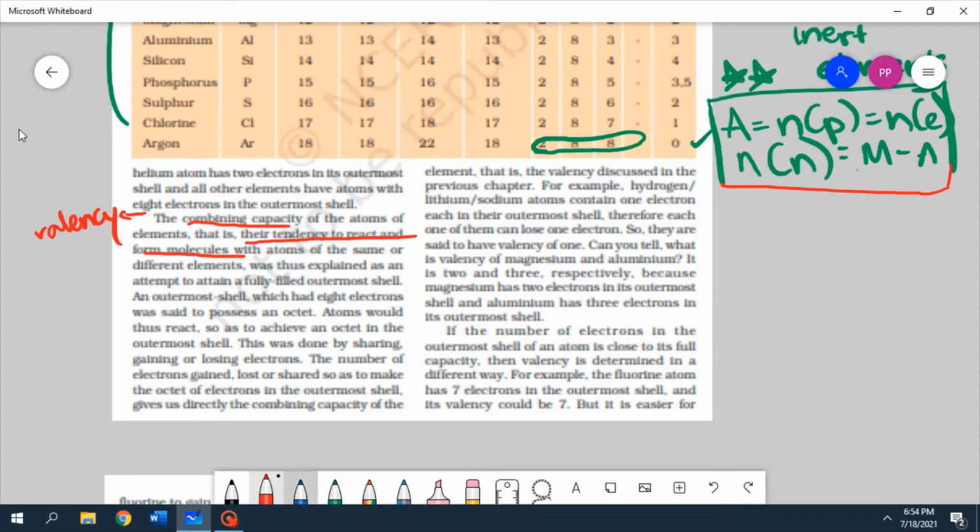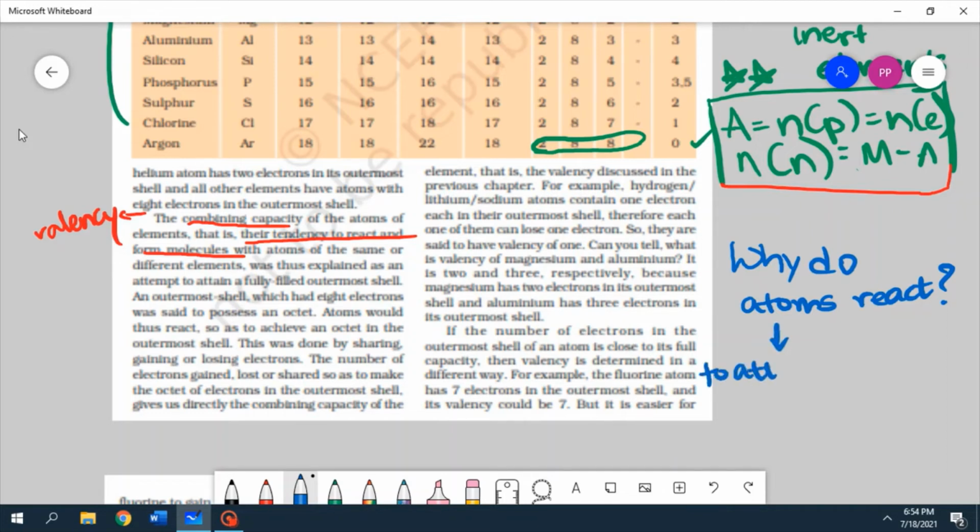So the main reason, so let's say, why do atoms react? So the answer to that question would be to attain stability. And how do they attain stability? By satisfying. Okay, so let me put that as another question.